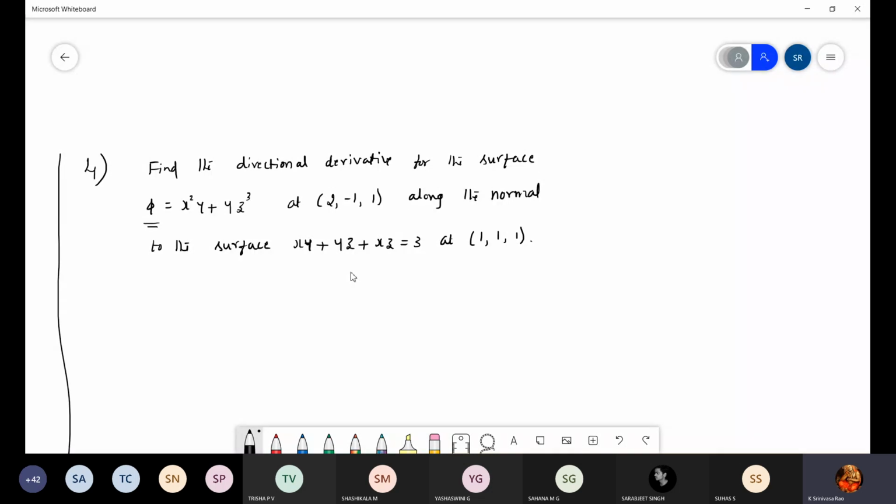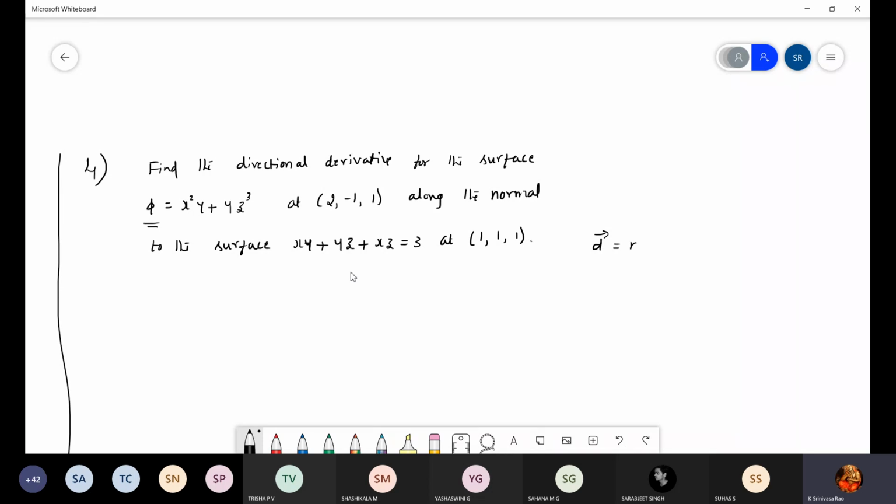It is given indirectly, along the normal.